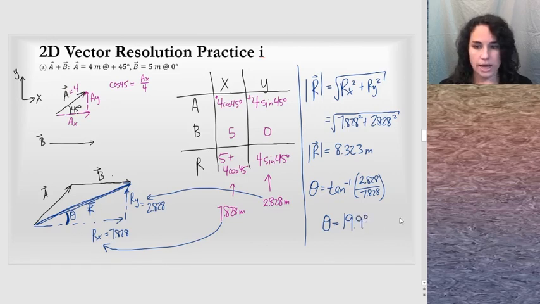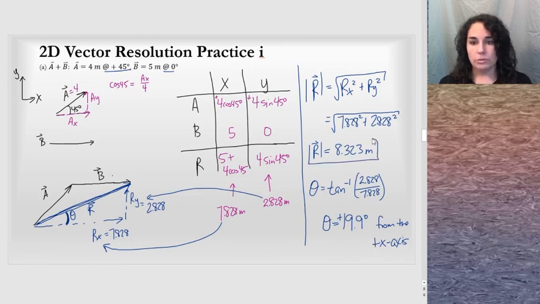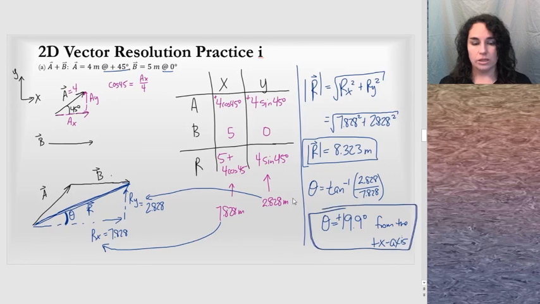So that will be from the positive x-axis, which we were assuming with the other two vectors as well, right? At positive 19.9 degrees. So those would be the two answers from adding vectors A and B in this problem.